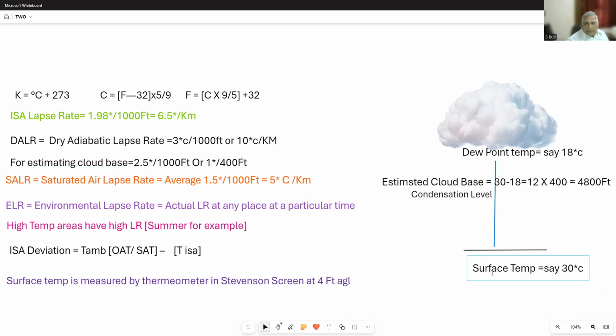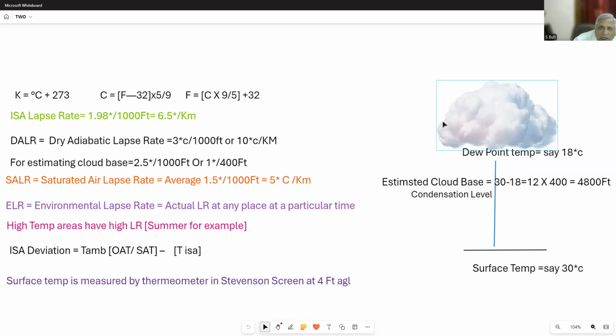So if your surface temperature is 30 and the dew point temperature given to you in the paper is 18 degrees, and the examiner asks you to estimate the cloud base, surface temperature minus dew point temperature times 400 feet per degree will give you a cloud base of approximately 4,800 feet. Cloud base is also called the condensation level, where the cloud will start forming when the temperature reaches dew point temperature.